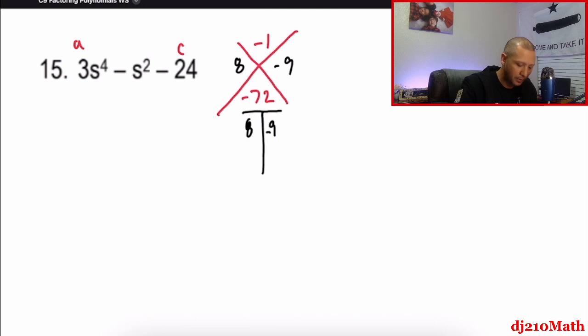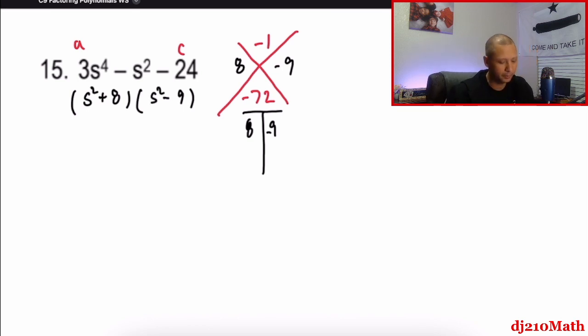So what does that mean? That means I could factor this. Look, I'll do it two ways. I'll give you an example. So this is going to be plus 8 minus 9. And then we have s squared, that's going to be our variable.